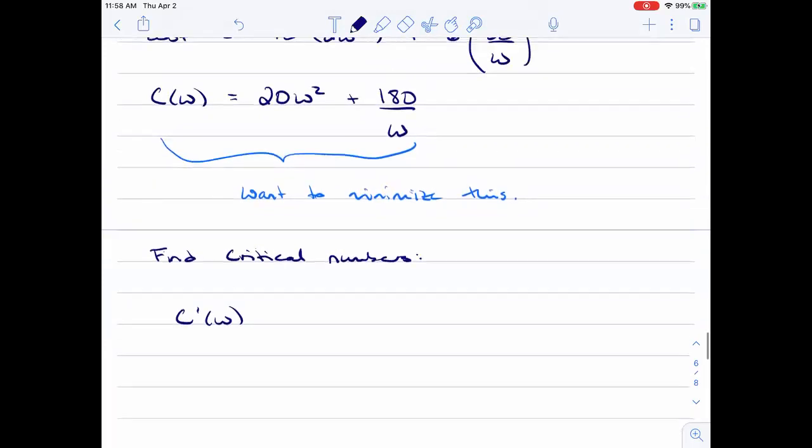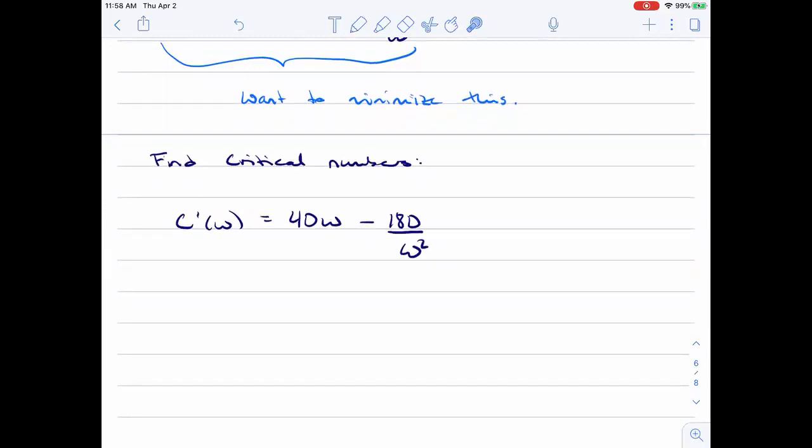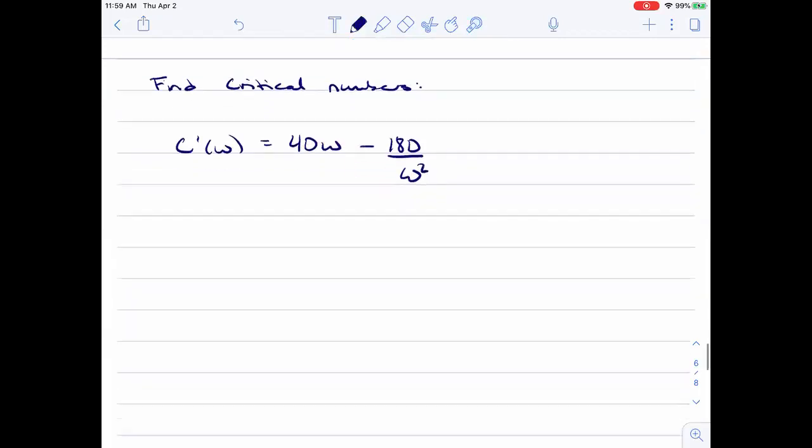The first derivative of this is going to be 40w minus 180 times w to the negative 2, which is over w squared. If I want to deal with this, I think it'll be easier if I put it over a common denominator. I could solve for where this is 0 and where it doesn't exist, but it's easier to use a common denominator.